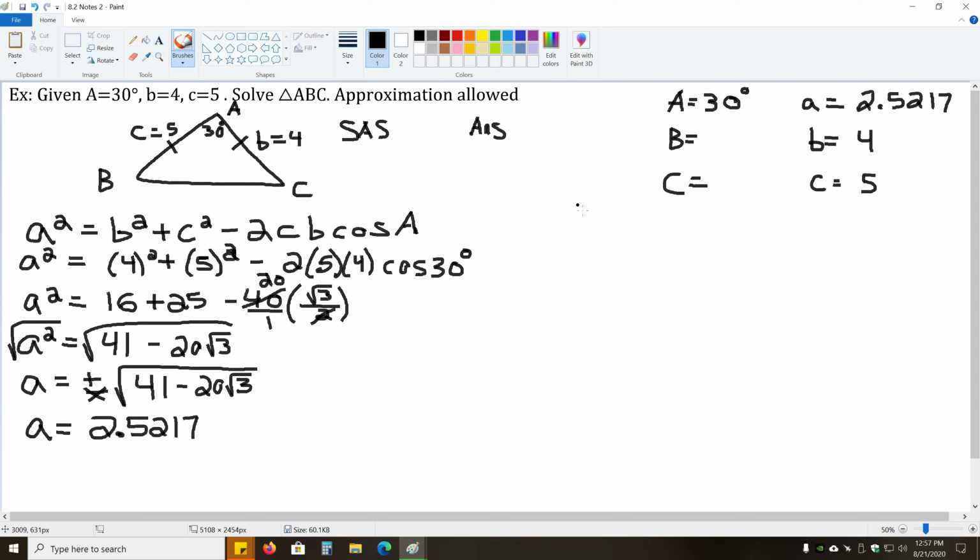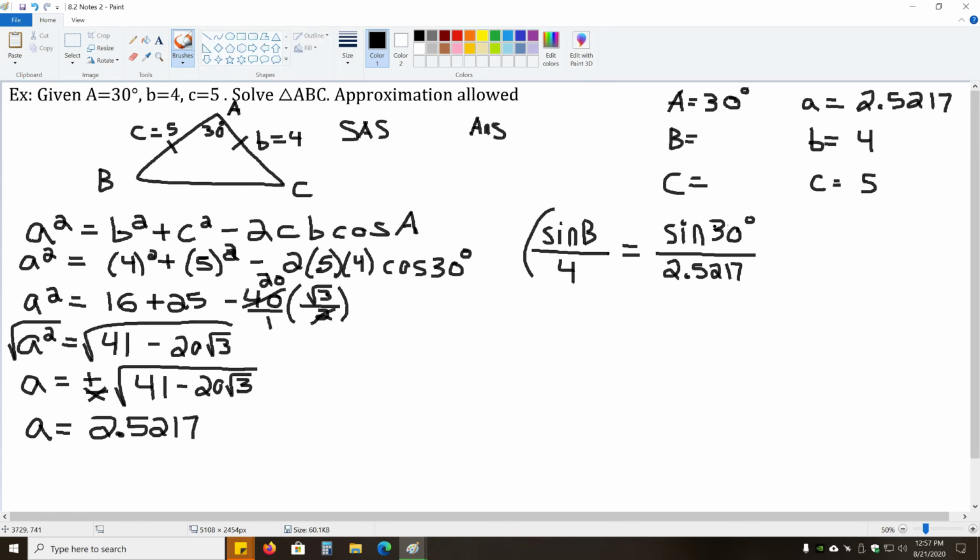So solving for angle B, we have sine of B over side B, which is 4, equals, and we need to use A because that has the full information we need. So sine of 30 degrees over side A, which is 2.5217.